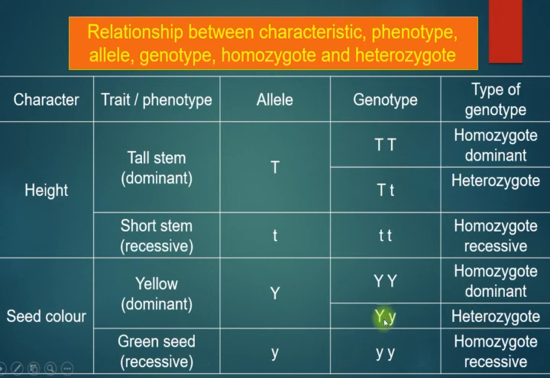Can you see that the small y here is recessive, but it cannot show the trait because it is suppressed by the dominant allele, big Y? So it will show yellow because of the presence of the dominant allele. And then green seed: there is only one genotype, small y, small y, which is homozygote recessive.